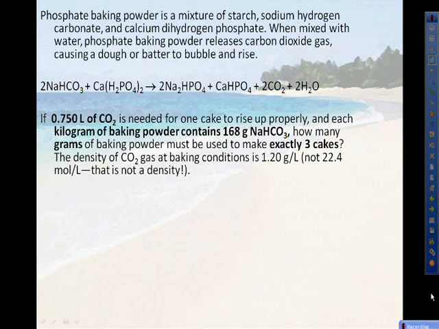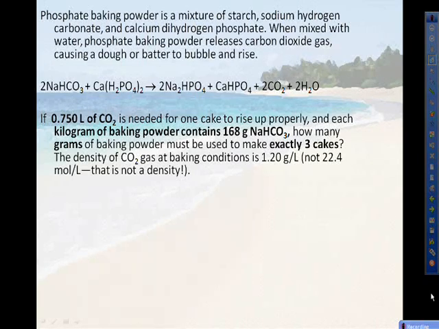It tells us phosphate baking powder is a mixture of starch, sodium hydrogen carbonate, and calcium dihydrogen phosphate. When mixed with water, phosphate baking powder releases carbon dioxide gas, causing a dough or batter to bubble and rise. So this is what we often see in baking.